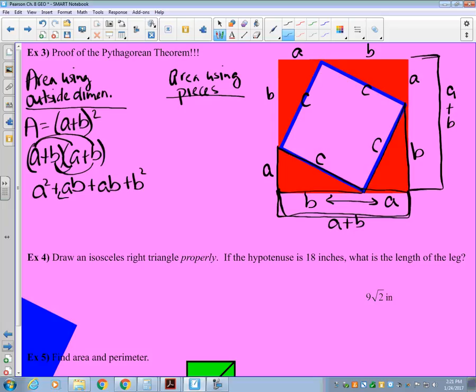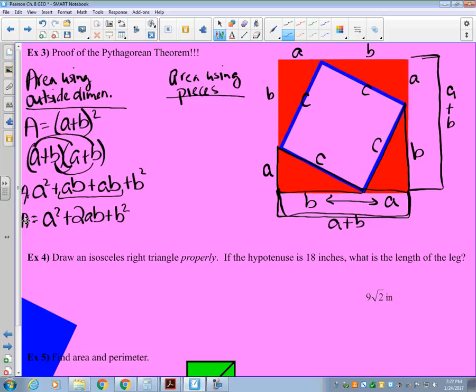You're going to combine these 2 pieces together. So our area is equal to A squared plus 2AB plus B squared.